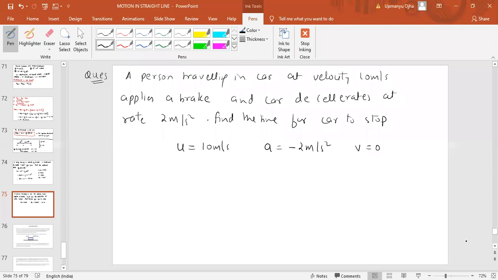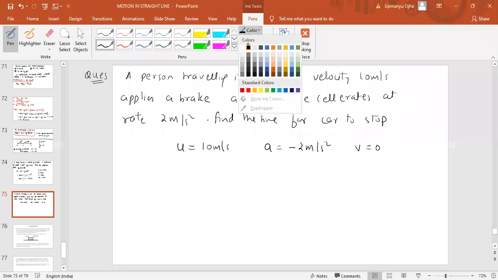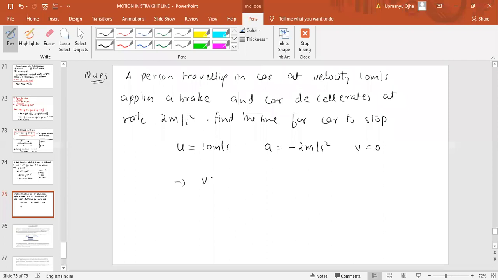If the car is coming to rest, the final velocity will become 0. Then we can use equation number 1, that final velocity v equal to u plus at. So final velocity is 0, initial velocity is 10, minus 2 into t, means t equal to 5 seconds. So after 5 seconds, the car will stop.